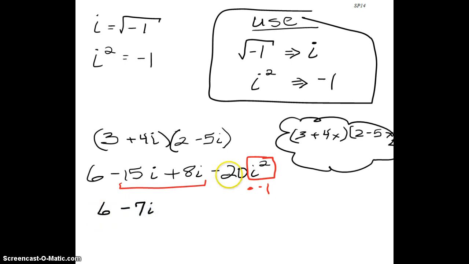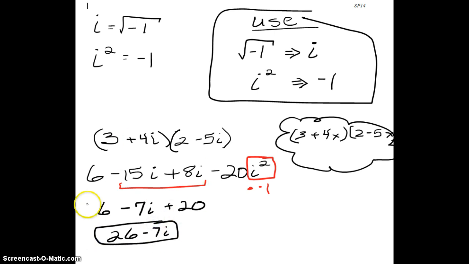We've still got our 6 here. This is going to become a positive 20, right? Because -20 times -1. And so altogether it's going to be 26 minus 7i. That's what you'll get when you multiply this all out. So two complex numbers gave you another complex number.